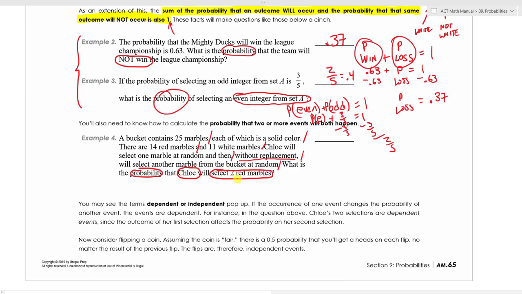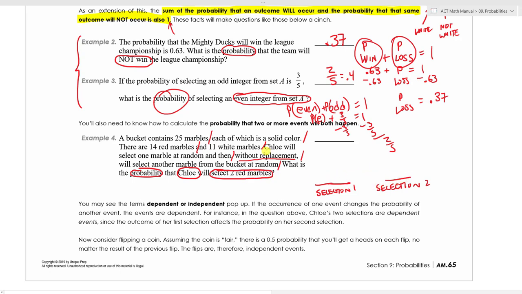So what we're looking for here is selection 1 and then selection 2. We're looking for them to both be red. We want a red marble for the first selection, a red marble for the second selection.